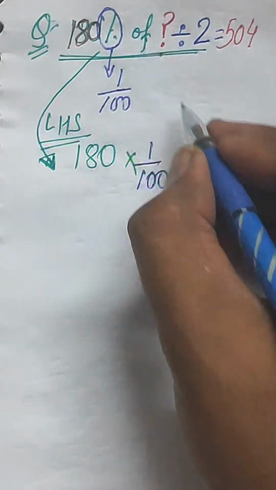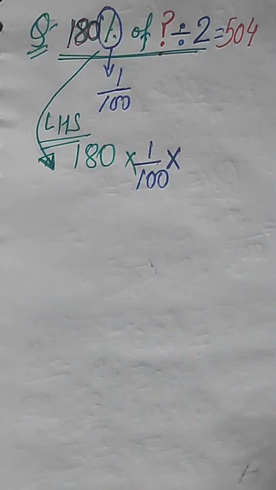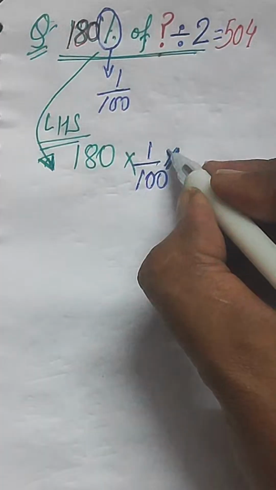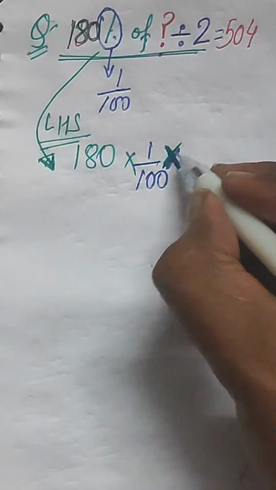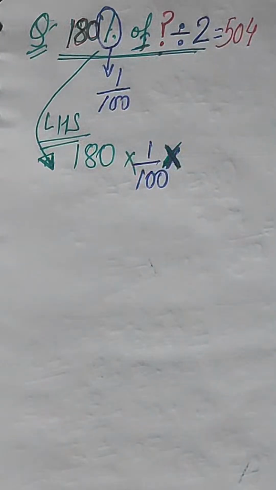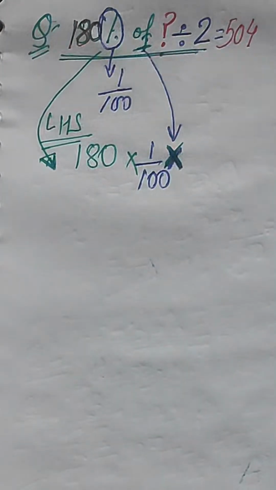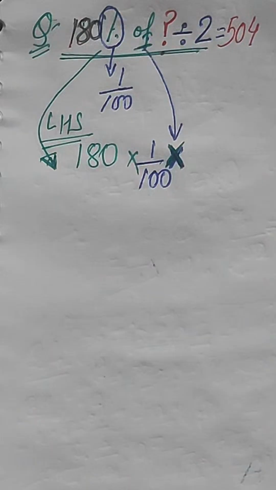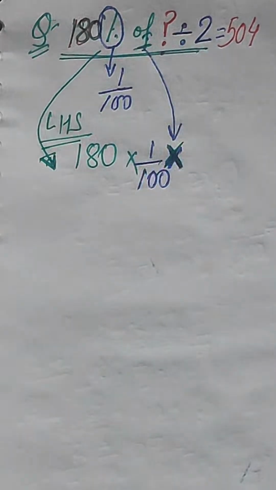Of is basically multiplication, isn't it? Tell me if I'm wrong, correct me. I think it's okay. Of is nothing but multiplication, of this question mark.